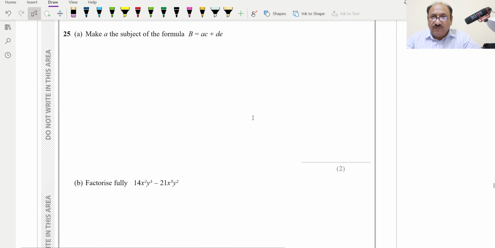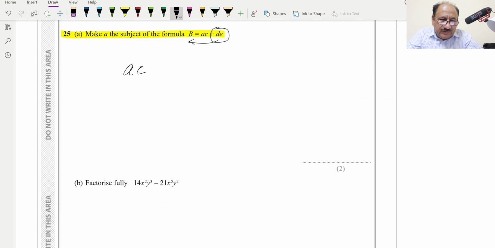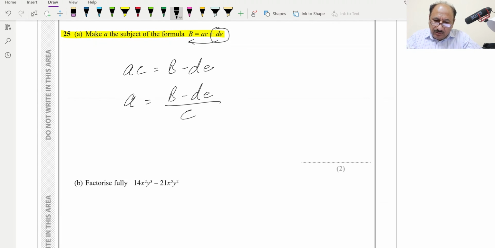Now question number 25 is very simple. Basically you have to make A the subject in this one. So what we can do, we can shift this DE to the other side, and the equation we will get is AC equals B minus DE, and then we can get rid of this C, because we need to find A as the subject, so we'll shift C, so A will be equal to B minus DE divided by C. This will be the answer.